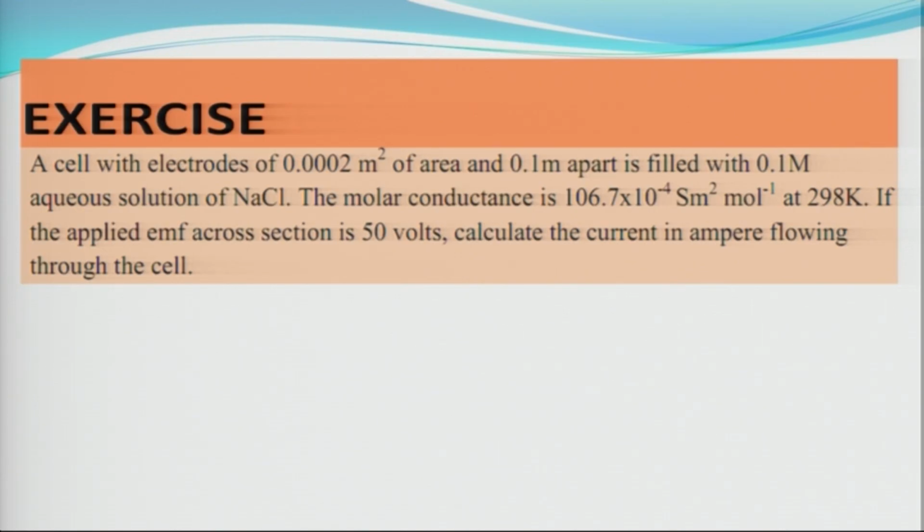So the question says that a cell with electrodes of 0.002 meters squared of area and 0.1 meter apart is filled with 0.1 molar aqueous solution of sodium chloride. So the molar conductance is that one. If the EMF is that one, calculate the current. You can use many equations we have discussed to do that question.